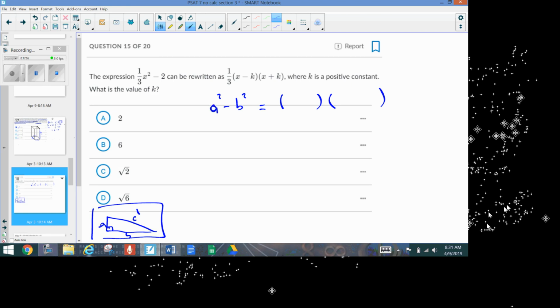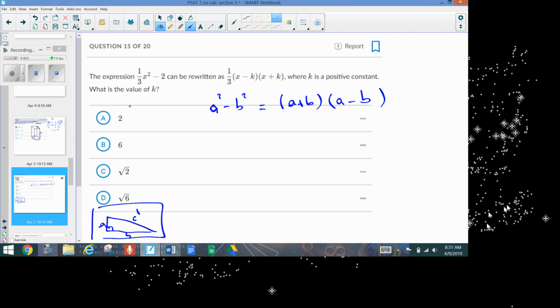This is right. But in algebra, a squared minus b squared is equal to a plus b times a minus b. Good job. We're going to use this formula.